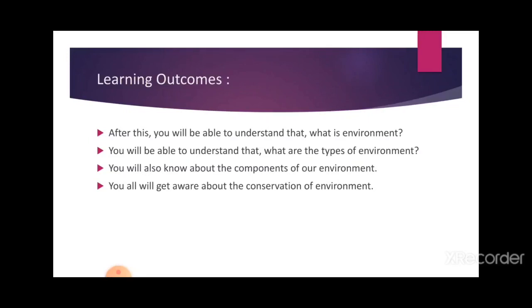You will also know about the components of our environment, and you will also become aware about the conservation of environment, that is, how we can conserve our environment from being polluted by us. That is, we have to understand the conservation. Now let us begin with the chapter.